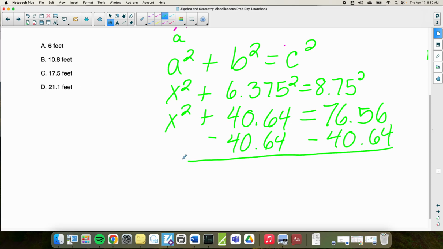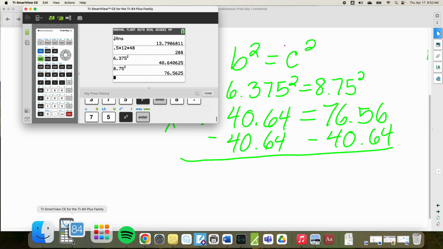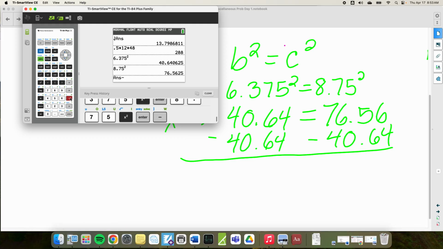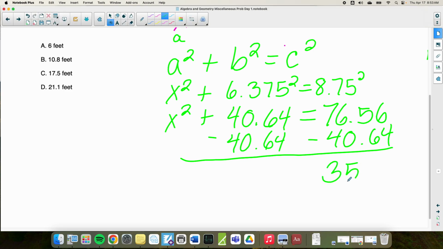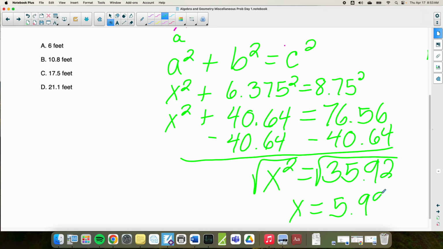Okay. Now we're gonna subtract those two, and then we're gonna take the square root. So I'm gonna subtract 40.64. That gives me 35.92, and then I have to take the square root of that, which is 5.99, okay? So this was 35.92 square root, and x is 5.99.